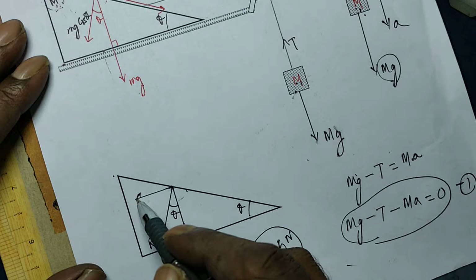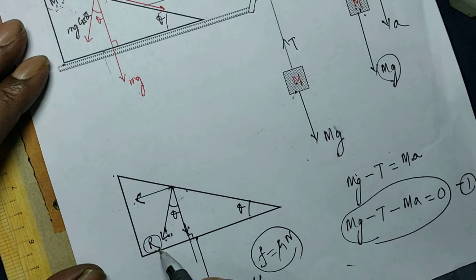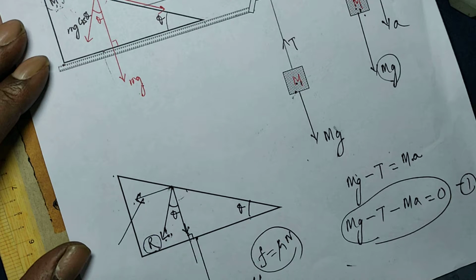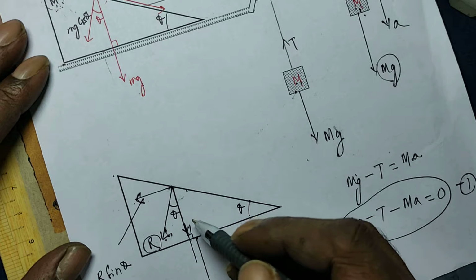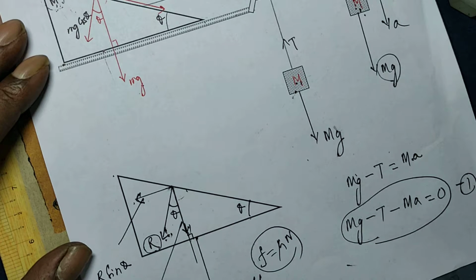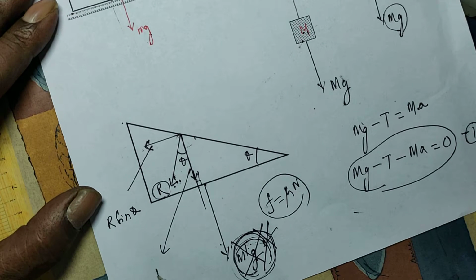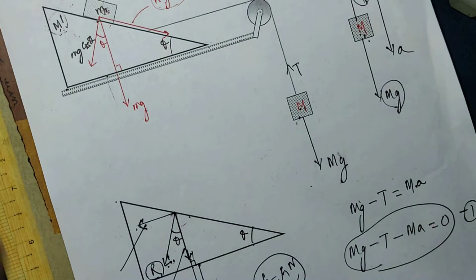So this component of R will be R times sine theta, and this component will be R times cosine theta.